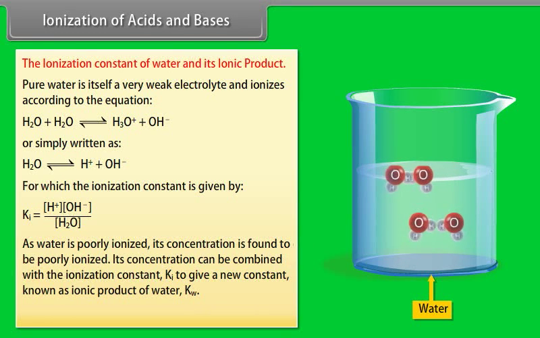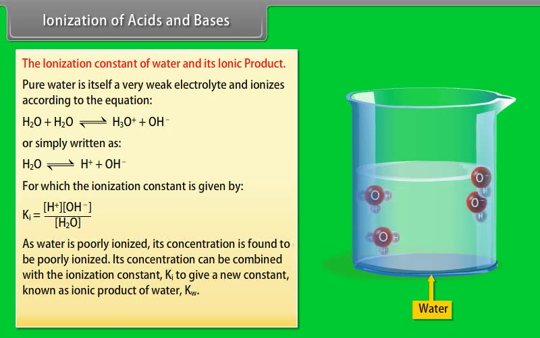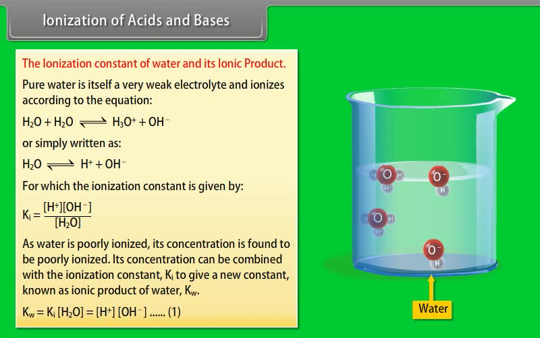As water is poorly ionized, its concentration can be considered constant. Its concentration can be combined with the ionization constant, Ki, to give a new constant, known as ionic product of water, Kw. Name it as equation 1.